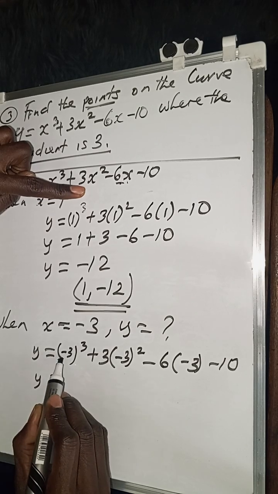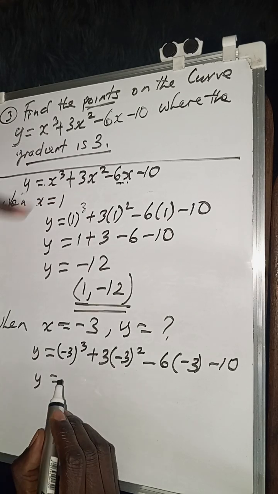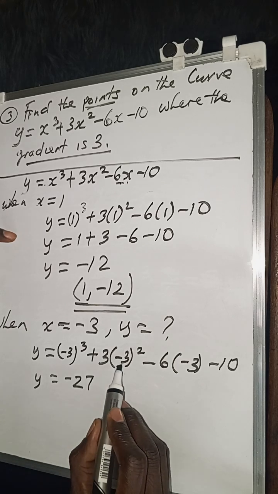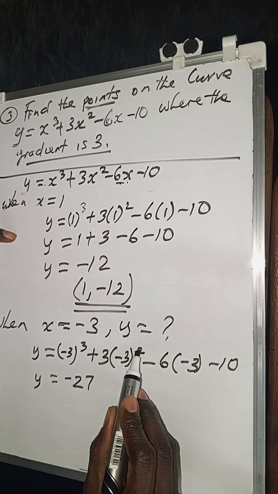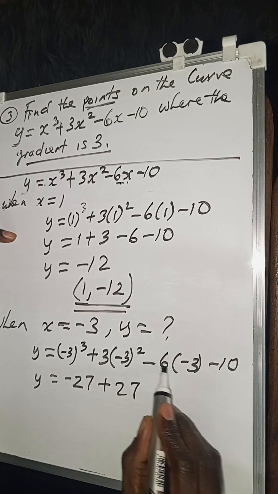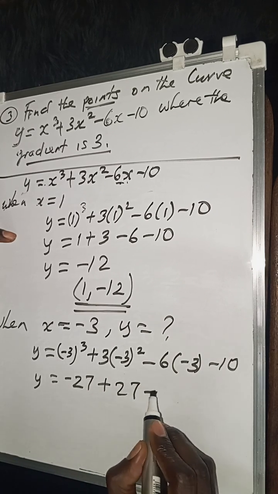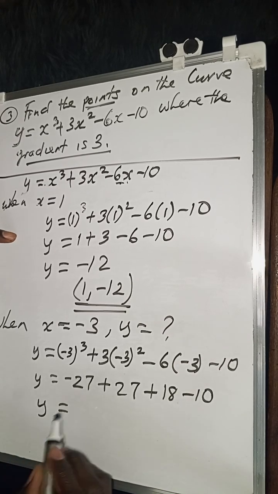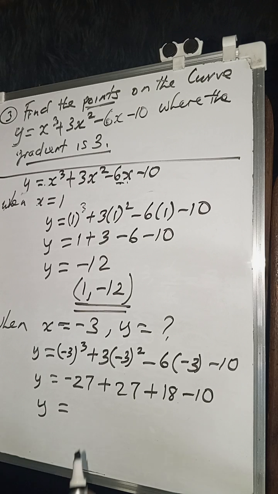So negative 3 raised to the power 3 will give us a negative 27. Negative 3 raised to the power 2 is 9, times 3 is a 27. Negative 6 times negative 3 will give me a positive 18 minus 10. When you add all that, that will give us 8.